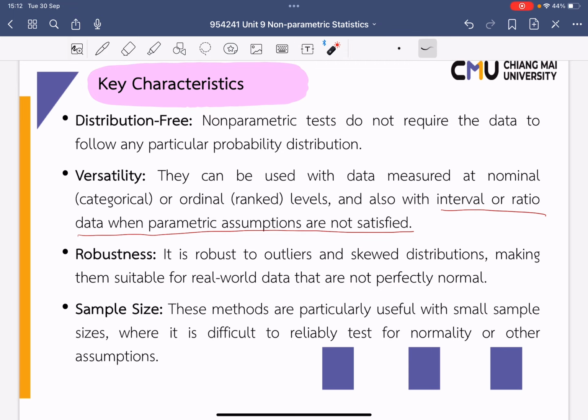Sample size: the nonparametric test is really useful with small samples, because sometimes it is difficult to find a big sample. In this case, we may consider the nonparametric test instead of the parametric test.